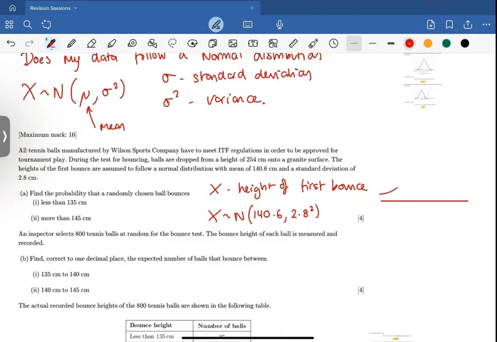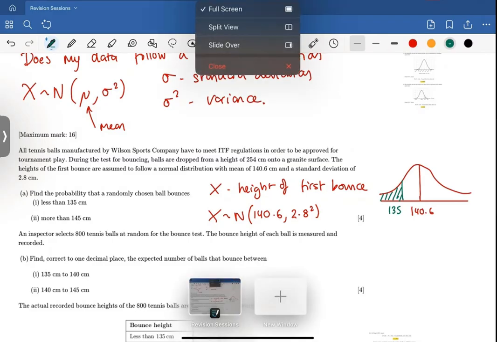It's a little bit tricky for me to do on here. It's symmetrical around that mean of 140.6. And we want to work out the probability that a ball bounces less than 135 centimeters. We want to work out this area here. Okay, so we're going to do that with our calculator.